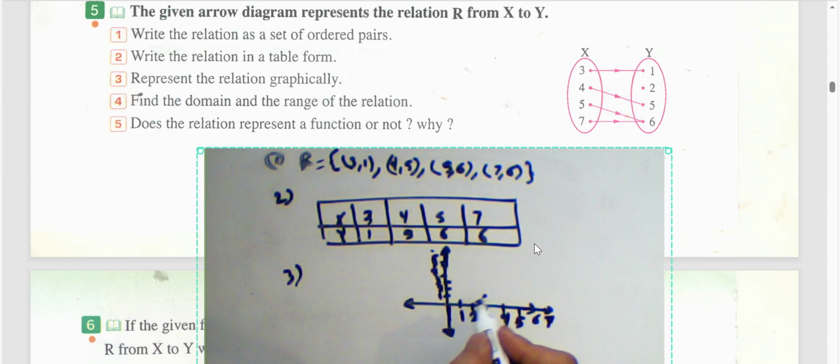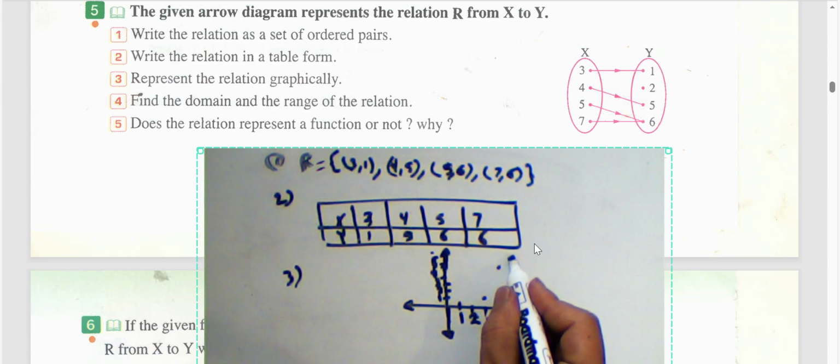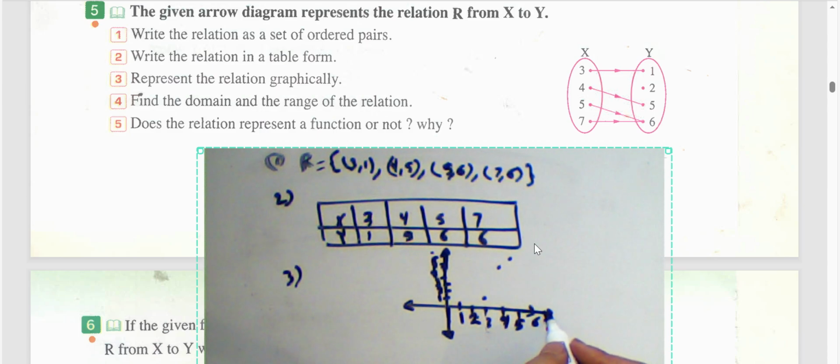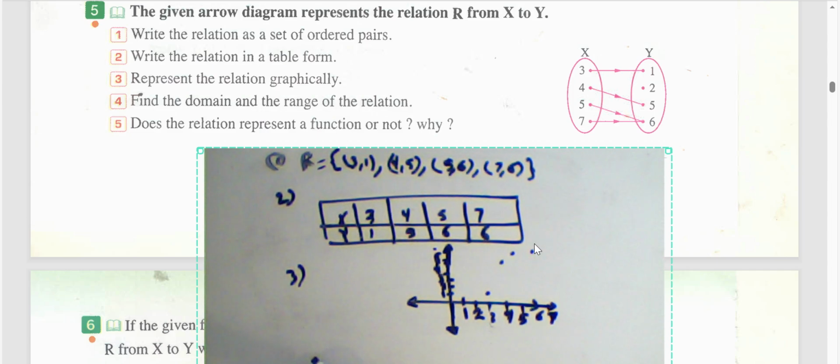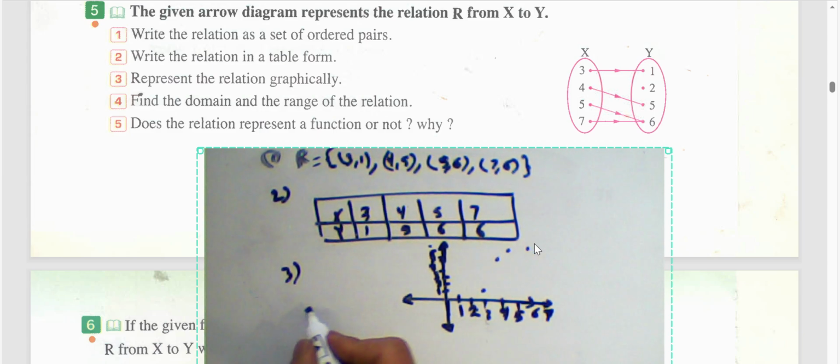Then plot 3 with 1, 4 with 5, 5 with 6, 7 with 6. Understood? Then we can find the domain and the range.